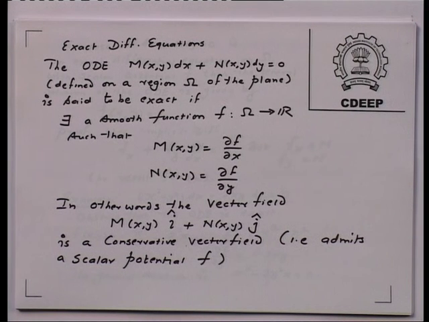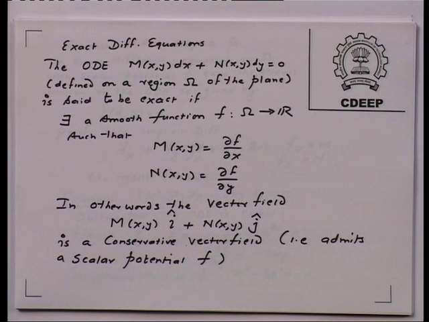So, let us assume that our understanding of smoothness means twice continuously differentiable. All three second partial derivatives exist and they are continuous. That is all that we really need. Such that M of x, y is del f by del x and N of x, y equals del f by del y. This is the meaning of saying that the differential equation is an exact differential equation. That is, the components M and N are the x and y partials of a certain function f.